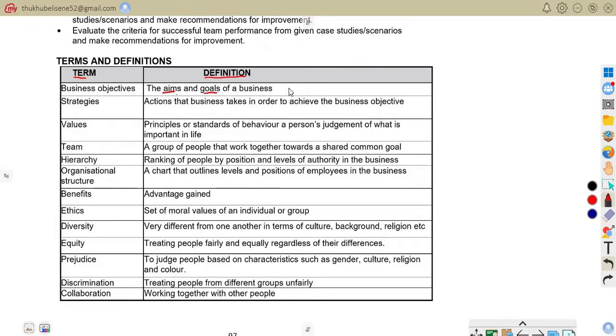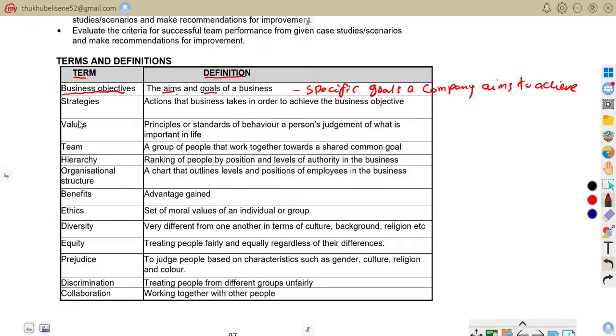So we are simply talking about the specific goals a company aims to achieve. That's when you're talking about the business objectives.